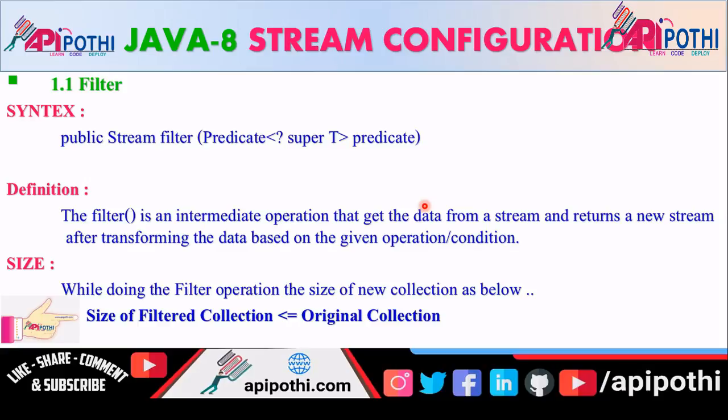It might be 10 if all the conditions are passed, but less than that is also possible. But it is not possible that your size will be increased from the original elements. So this is your original collection which we are getting inside the stream, and this is the filtered data. So the size of filtered data is always less than or equal to the original collection. It is not greater than. This fact we need to understand.